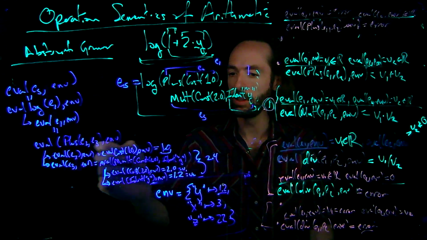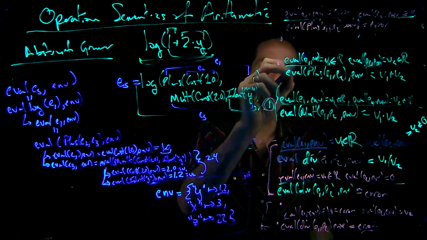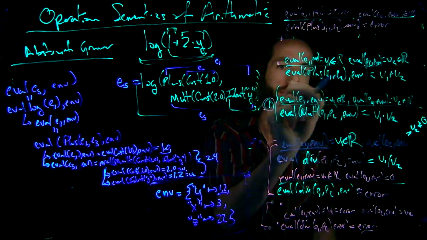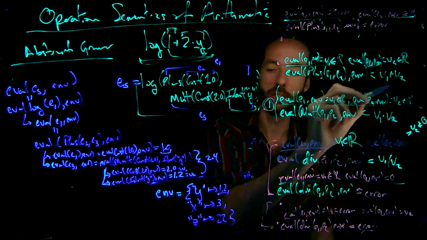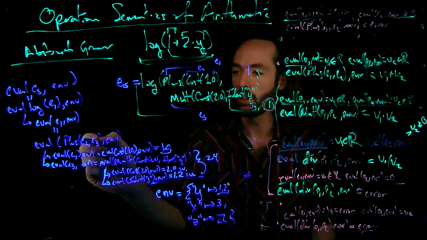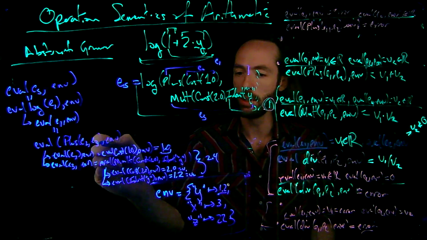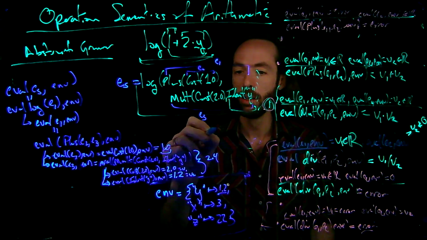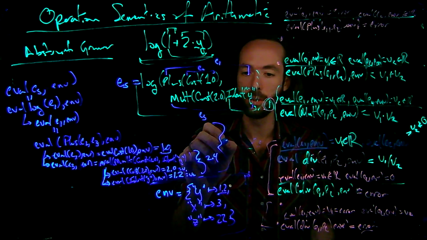Now what does plus do? In our plus rule, this was v1, this was v2. What do we do in our plus rule to evaluate that? We just add those two numbers together. So this whole eval of plus e2, e3 here is going to be 1.0 plus 2.4. So this whole thing evaluates to 3.4.